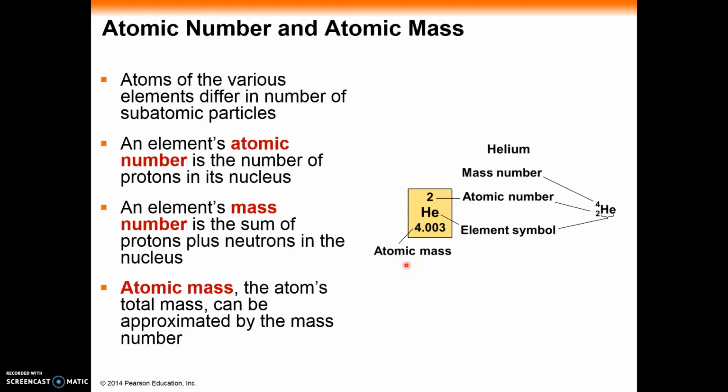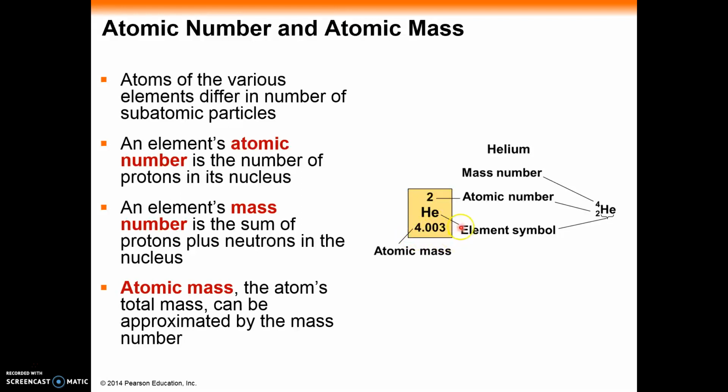Don't be too disturbed by that or focus too much on this, but as an approximation, both neutrons and protons have about a mass of 1, and electrons have almost a mass of 0. But not exactly. Electrons do, in fact, have a little bit of a mass, and neutrons are a little bit heavier than protons.